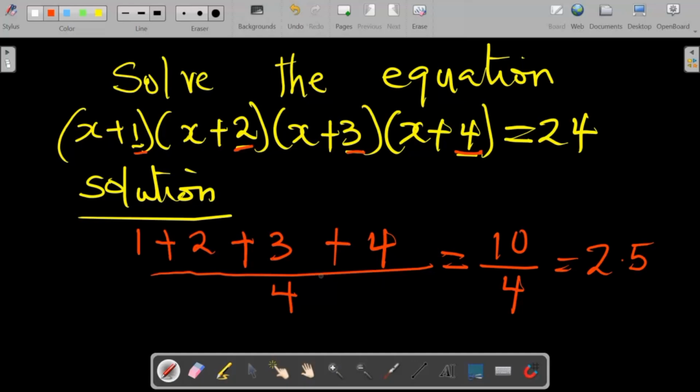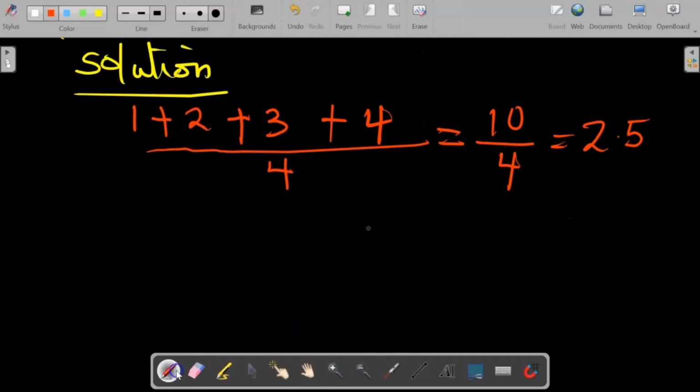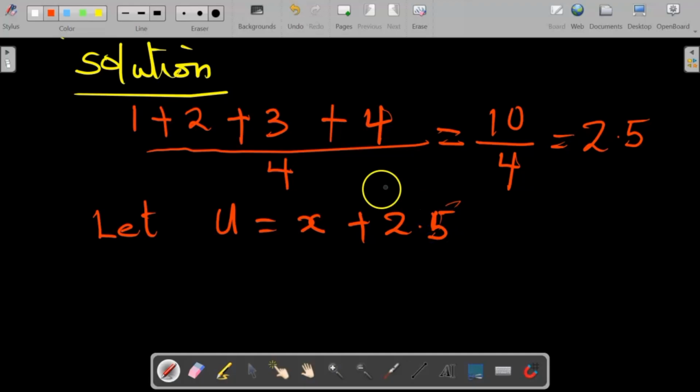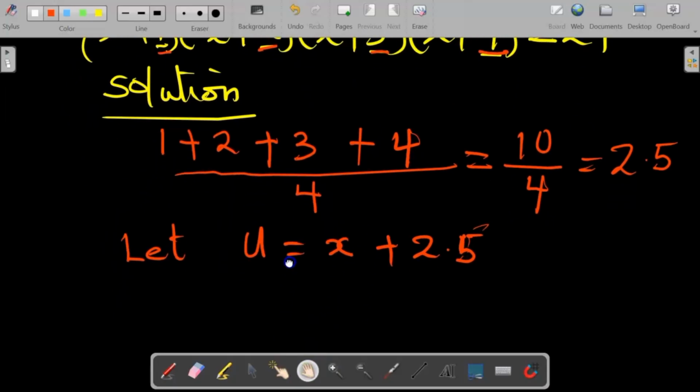And how do we do that? We say let u be equal to x plus 2.5.